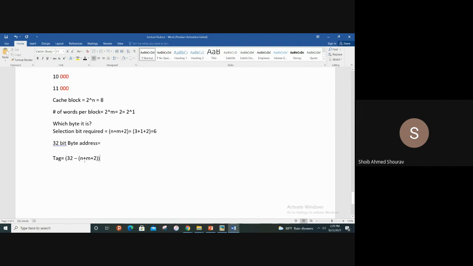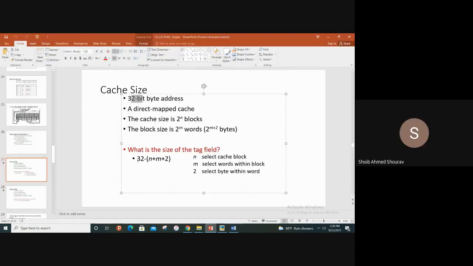Can I say that the formula of tag should be 32 minus the selection bits? So this is the formula. Now clear, everyone?